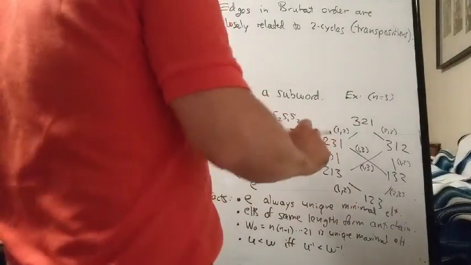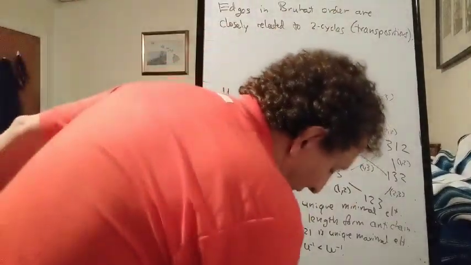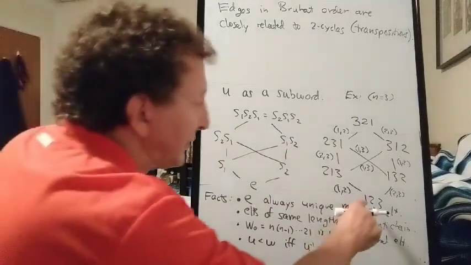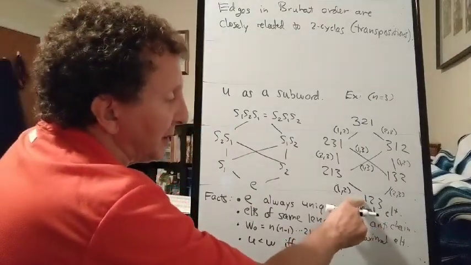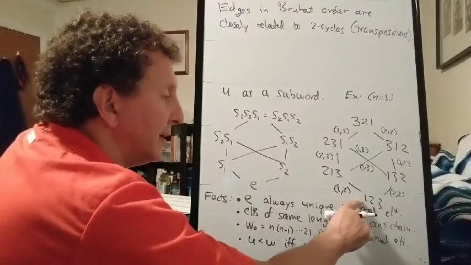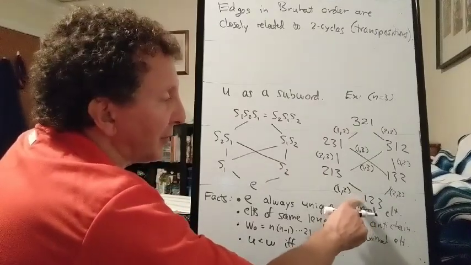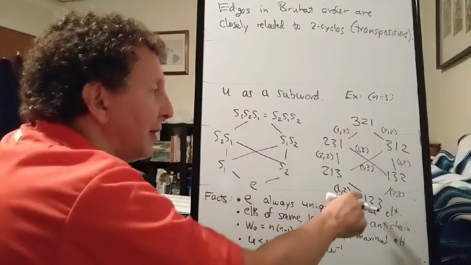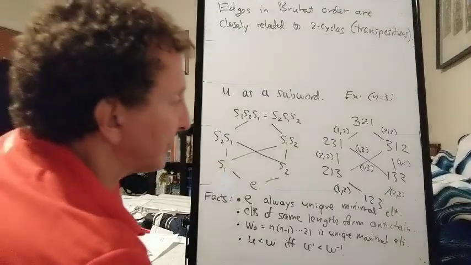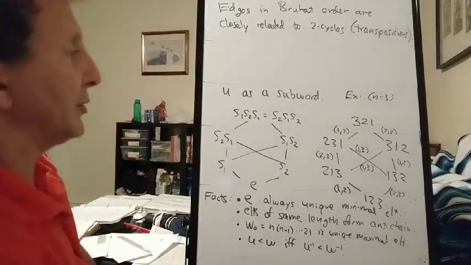Now there are times when we multiply by a transposition on the left and don't follow an edge. For instance, if we start at the identity element and multiply by the transposition 1, 3, and we switch the letters in positions 1 and 3, we go all the way up to the top. There isn't an edge there because Hasse diagrams of posets are meant to be transitive.